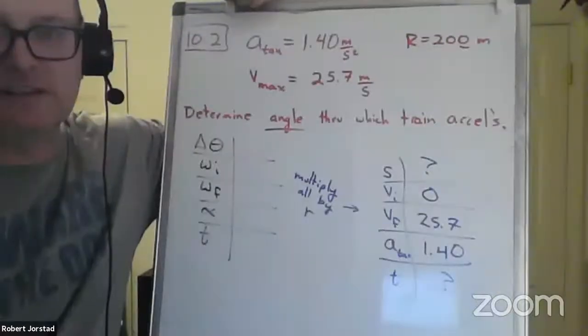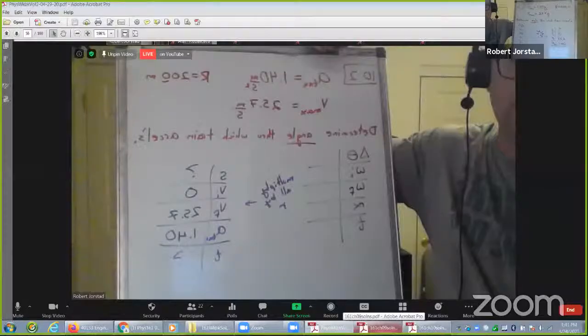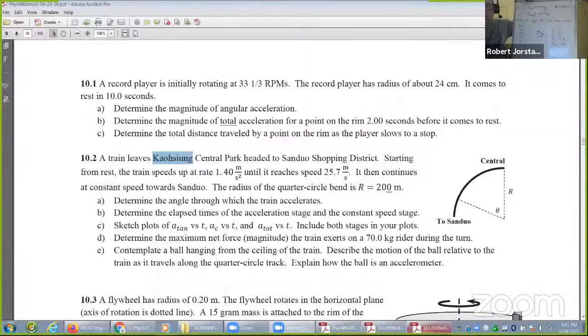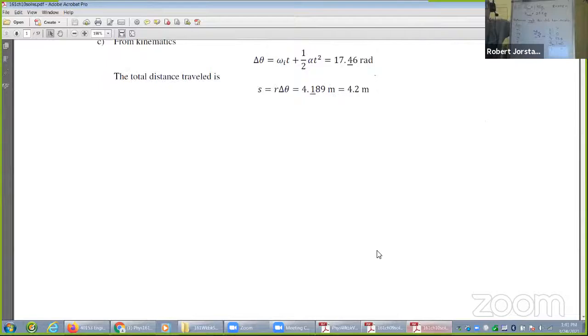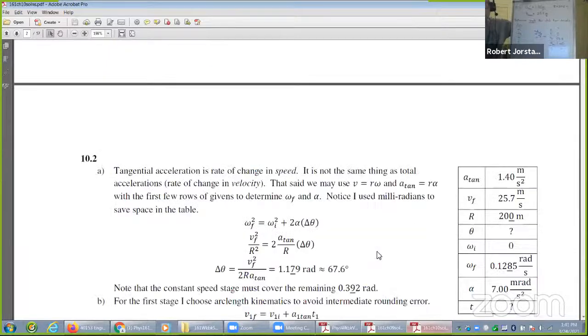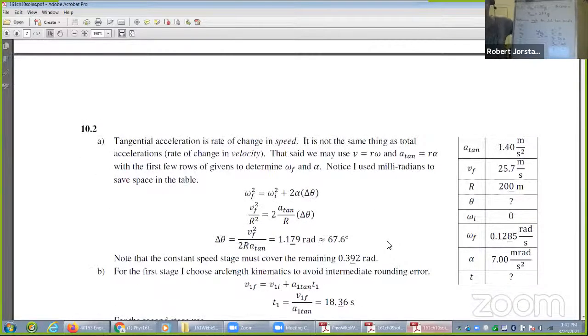Well, actually, let's look at that answer. So there's a mega table if you're wanting to see everything. Ooh, milliradians. That's kind of fun. Okay, so the angular acceleration is tiny. Look at how small that is. All right, that's cool.